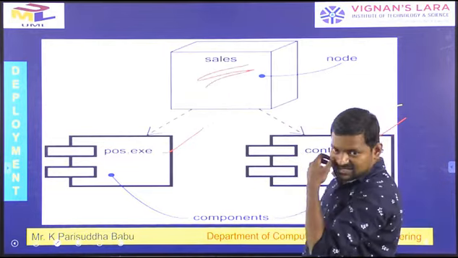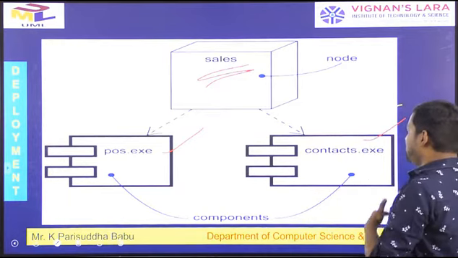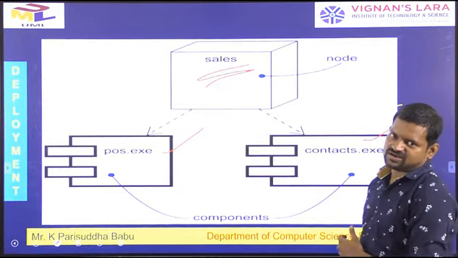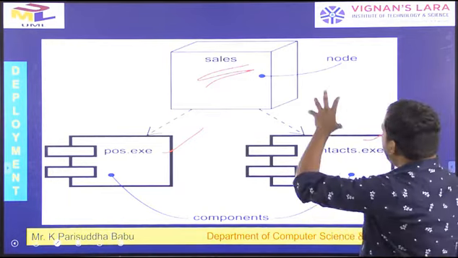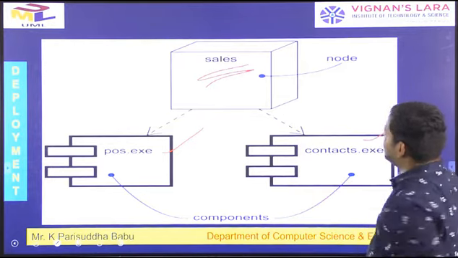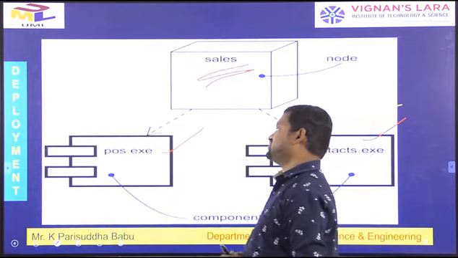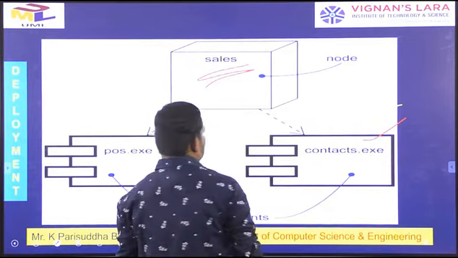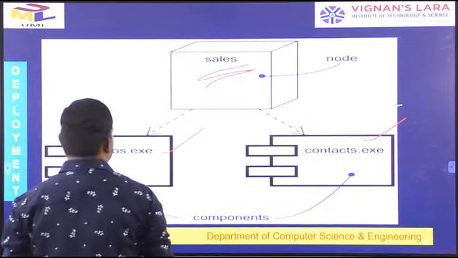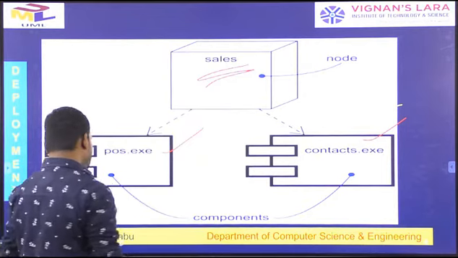The sales node is dependent on the POS.exe component and the contacts.exe component. The node has the executable components, that is POS.exe and contacts.exe. This is an example for the node and components.